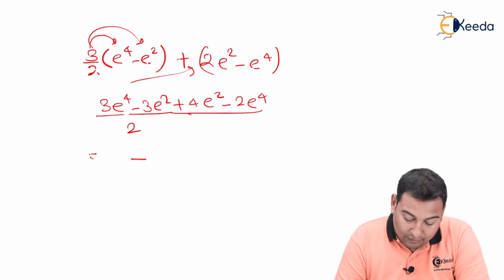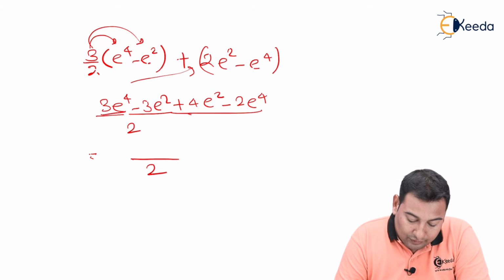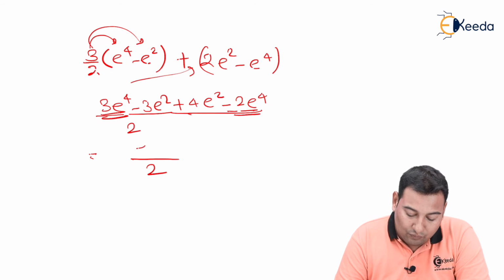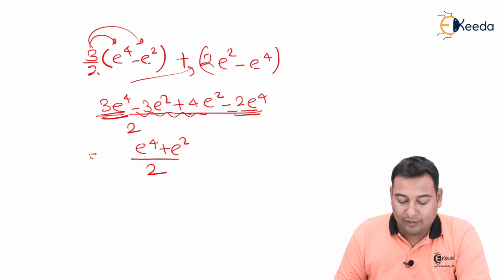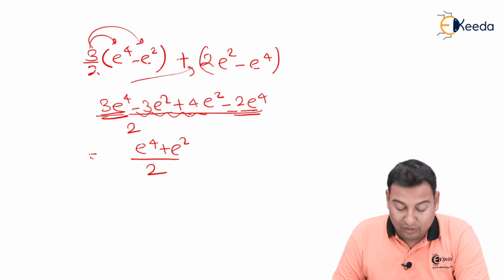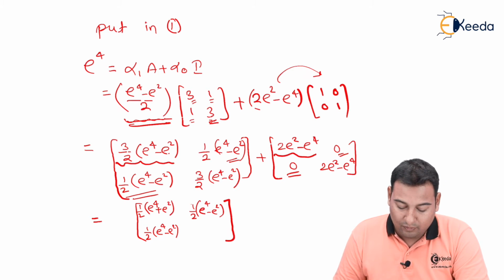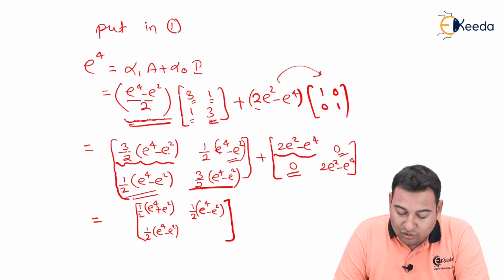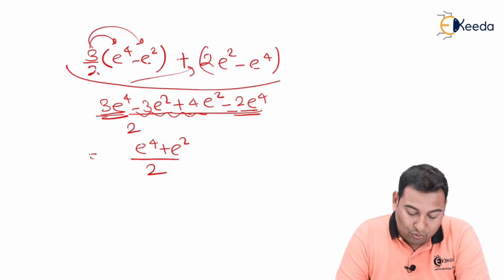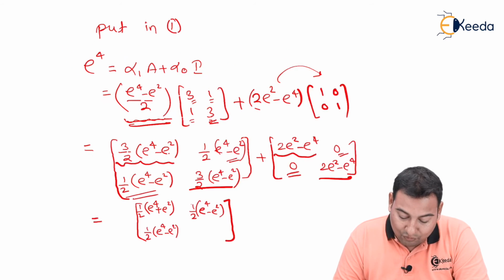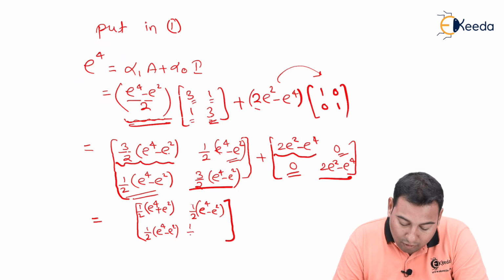If you simplify, you will get 3 e raised to 4 minus 2 e raised to 4 is e raised to 4, plus e square, because 4 e square minus 3 e square. So basically (e raised to 4 plus e square) upon 2, that is 1 upon 2 (e raised to 4 plus e square). And if you observe, these two terms are same as these two terms, so the result will remain the same, half (e raised to 4 plus e square).